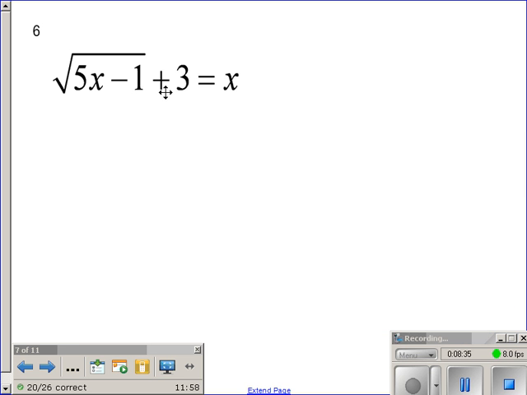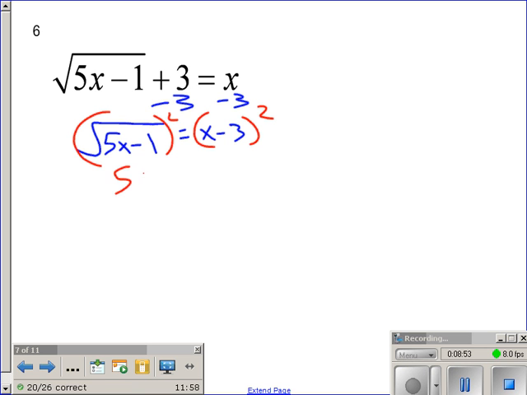Our last example that we're going to cover, same type of situation. We're getting it by itself by subtracting 3. So we have the square root of 5x minus 1 equals x minus 3. We're going to square both sides.